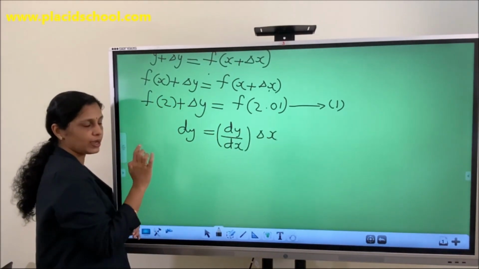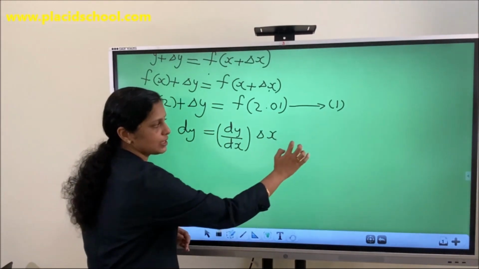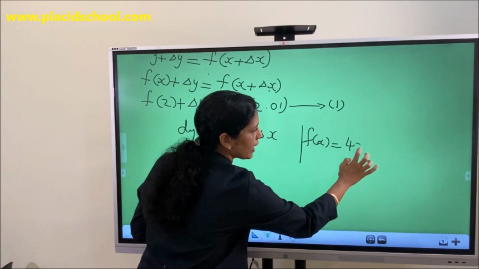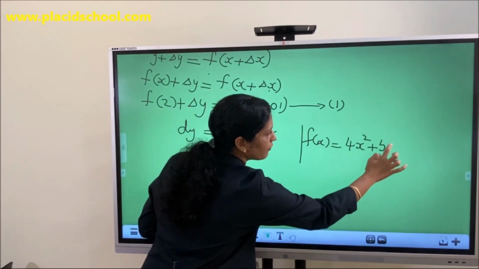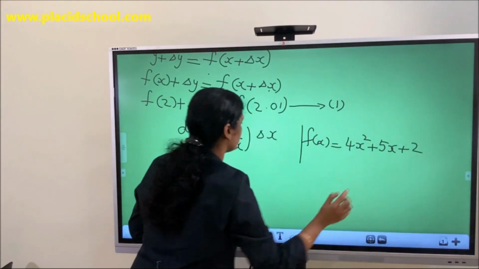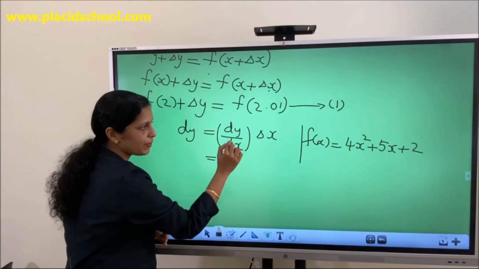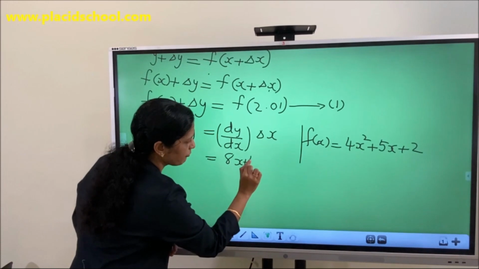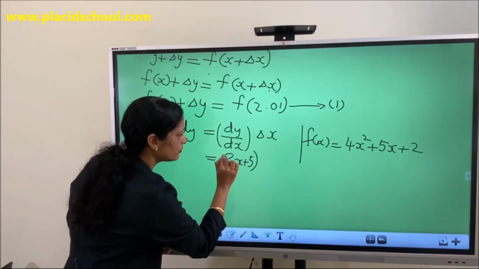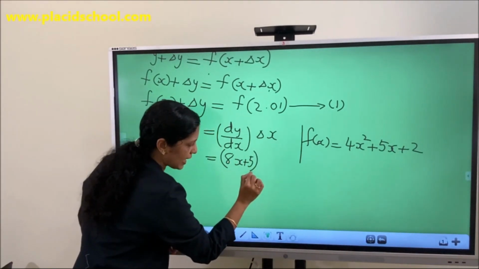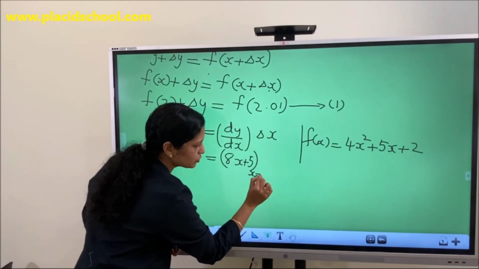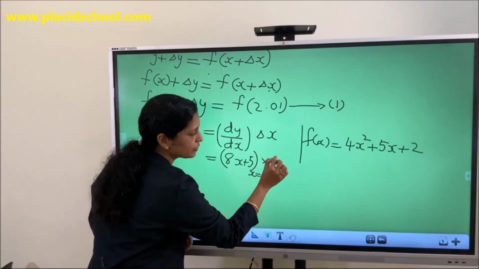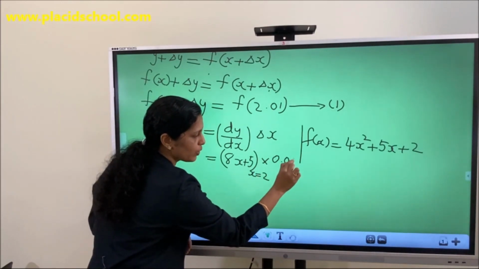Our function f of x is 4x square plus 5x plus 2. Therefore, dy by dx is 8x plus 5, and you have to give the value for x here, when x is equal to 2, into delta x, and we know that the value for delta x is 0.01.